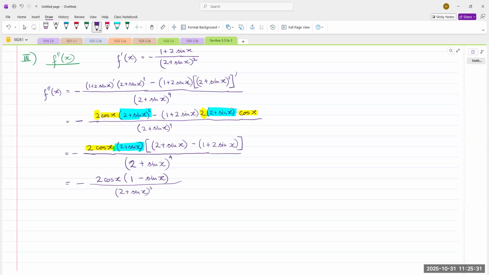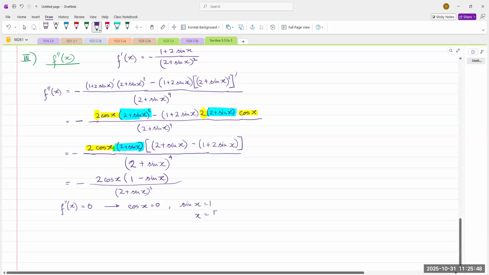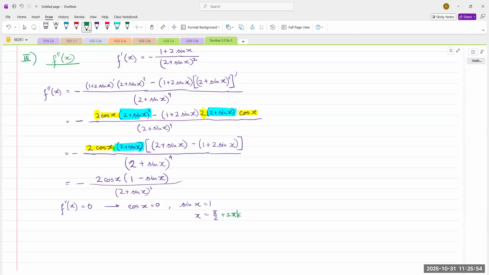Okay, now from there we see f double prime x is equal to 0 when cosine x equals 0 or sine x equals 1. Where sine x equals 1 means x equals pi over 2. Well, if I include the period, that will be plus 2 pi k, right?